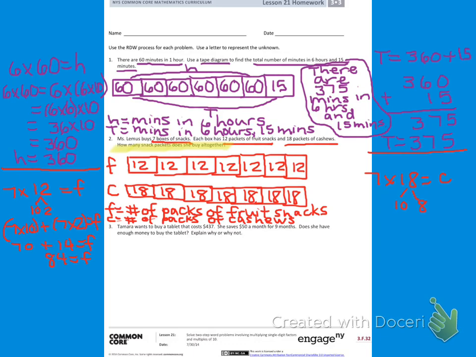Now I'll use the distributive property of multiplication. This is going to be 7 times 10 plus 7 times 8. 7 times 10 is 70, plus 7 times 8 is 56. Now I'll go ahead and add 70 plus 56, and that will equal 126.